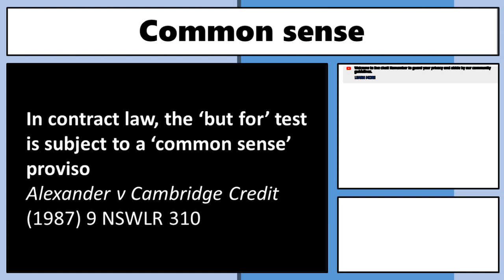We need to go back and look at the numbers and determine whether A actually led to B. Because causation is fundamentally a philosophical concept, but the real world is complex. And this but-for test, in contract law, has to be tempered by some aspect of common sense. And that term is very nebulous. It's not well defined. And a lot of judicial commentary suggests that it's bad law.